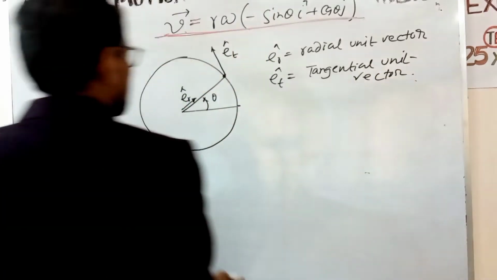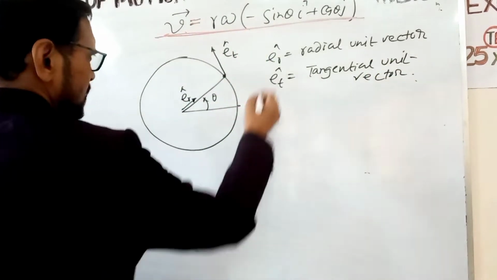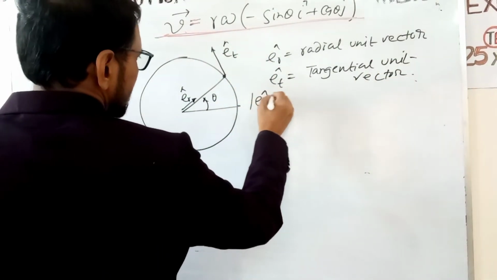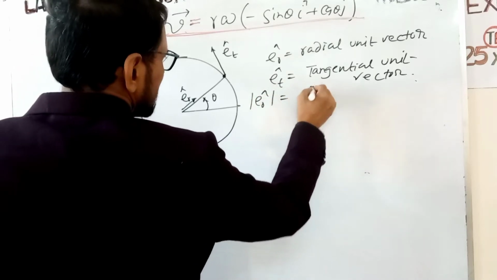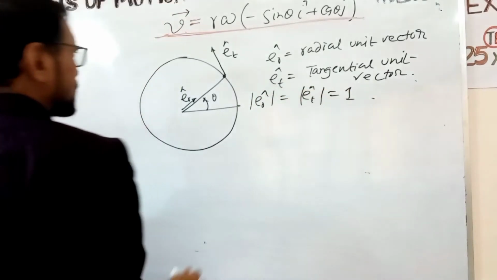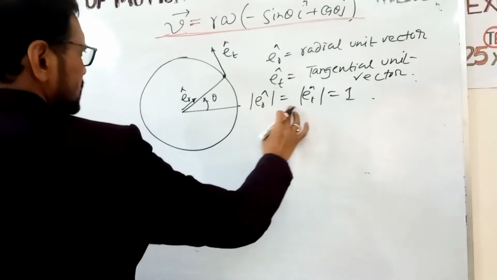The magnitude of each is equal to 1, because these are unit vectors.